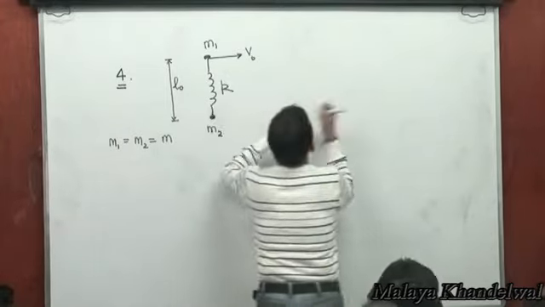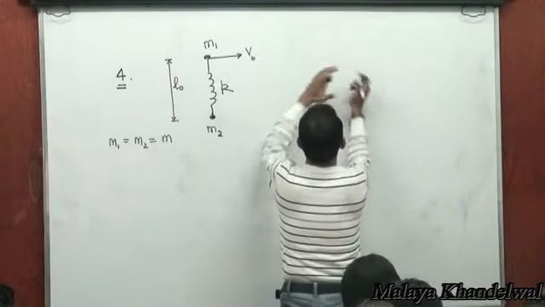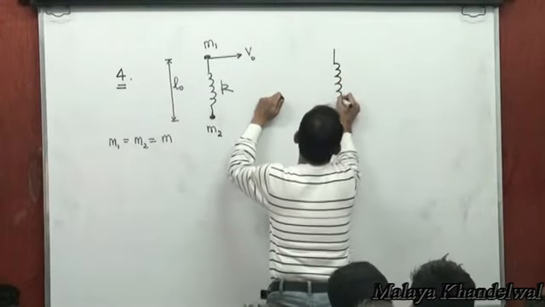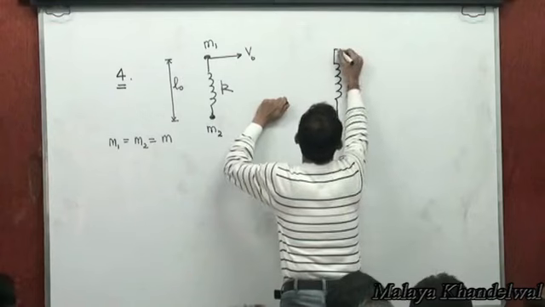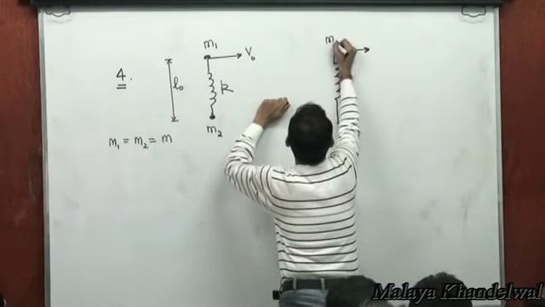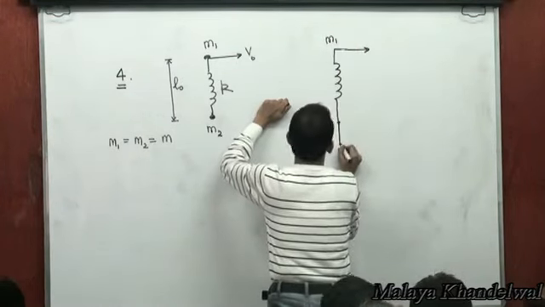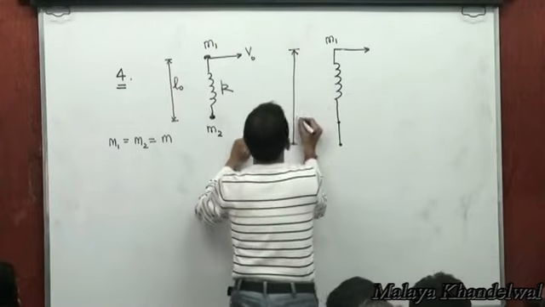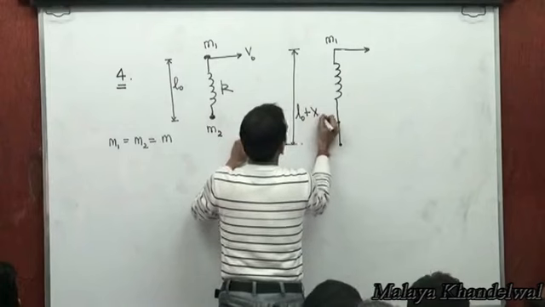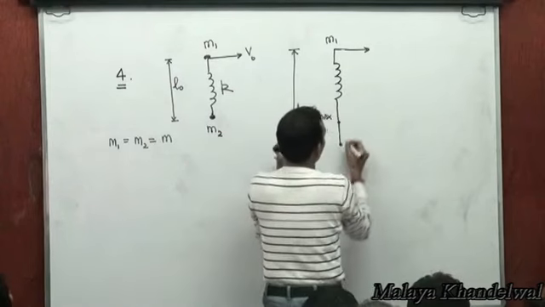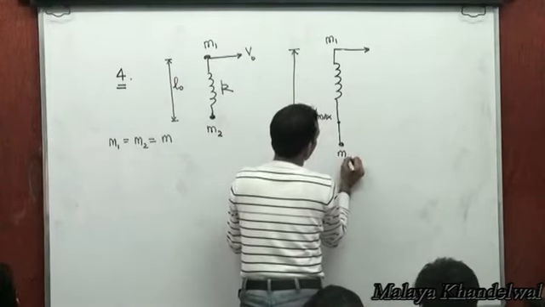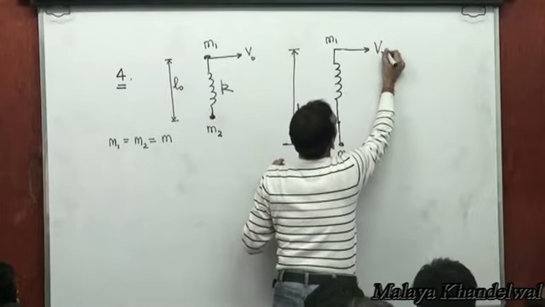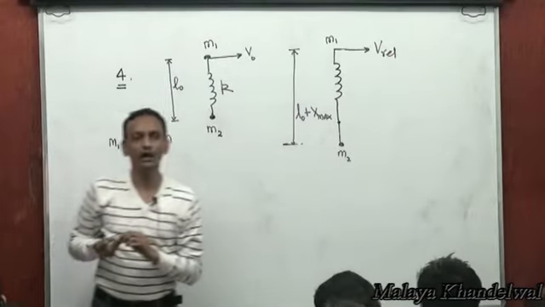So just put the spring vertical, although it would have been inclined, for the sake of representation of the velocity. Let's say eventually in a state of maximum elongation, when the spring becomes of length L0 plus x max, the relative velocity of the two masses with respect to each other will be like a V rel like this.